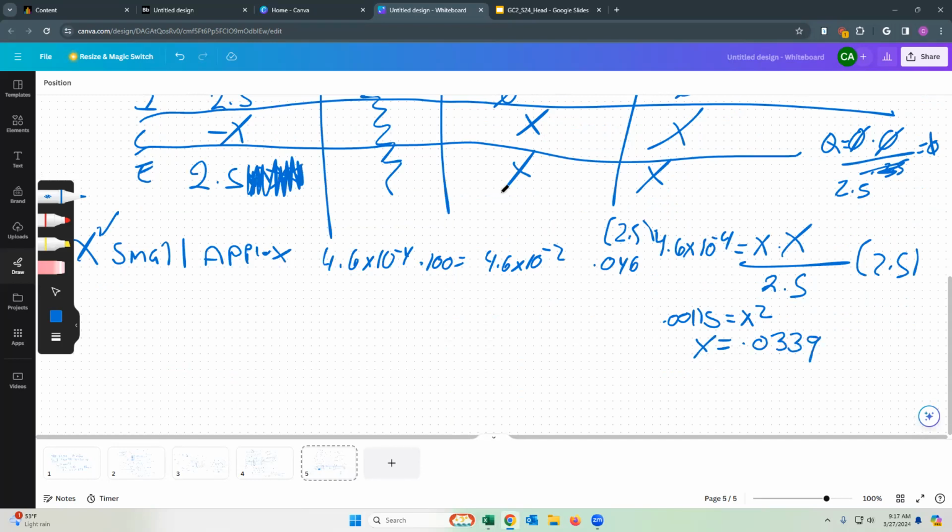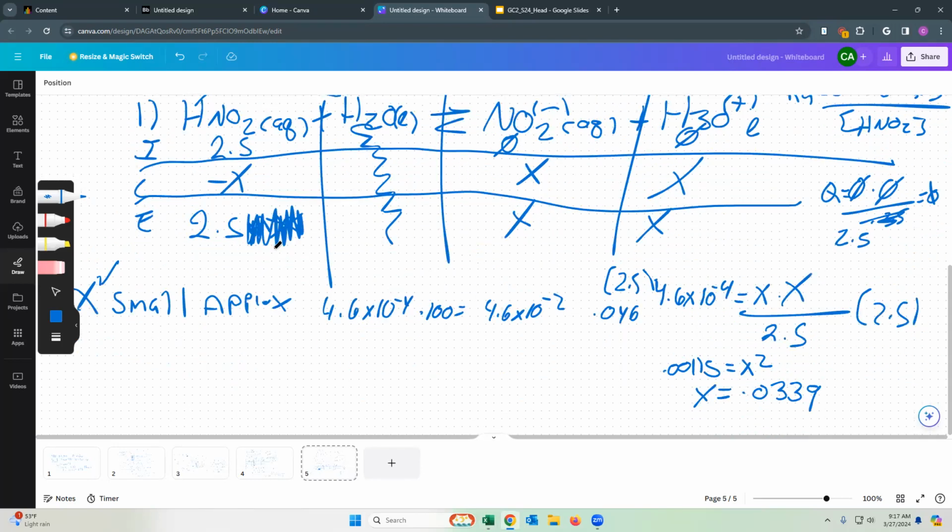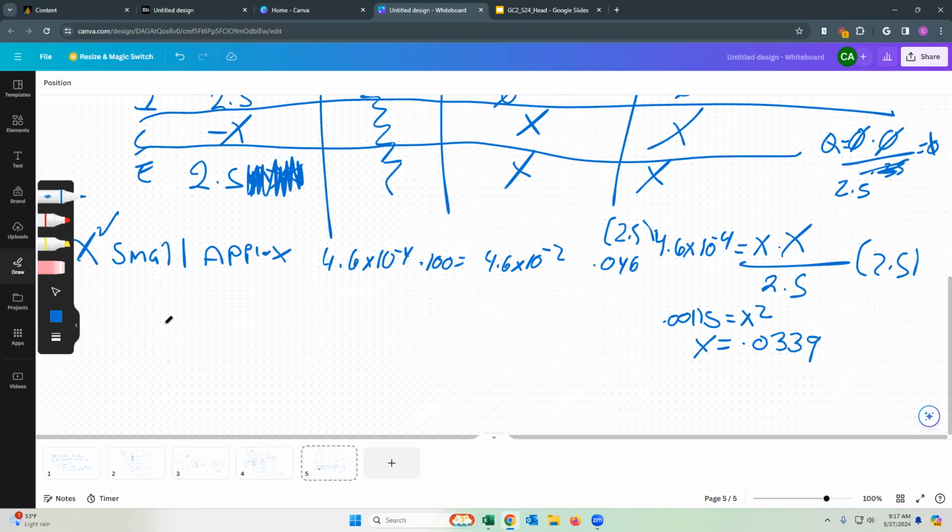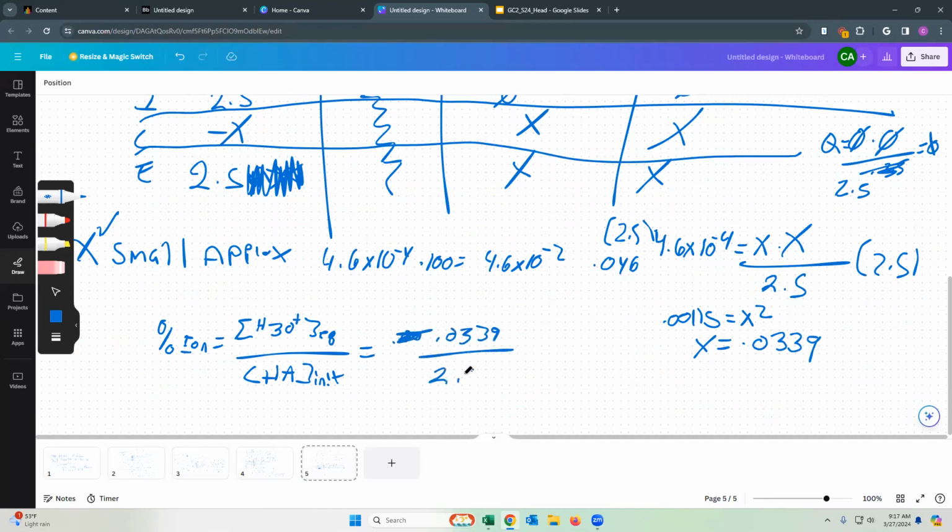All right. So that is how much acid broke down, 0.0339. So now I can figure out percent ionization, because that is basically H3O plus at equilibrium, or my change, divided by HA initial. So it is 0.0339 divided by 2.5.